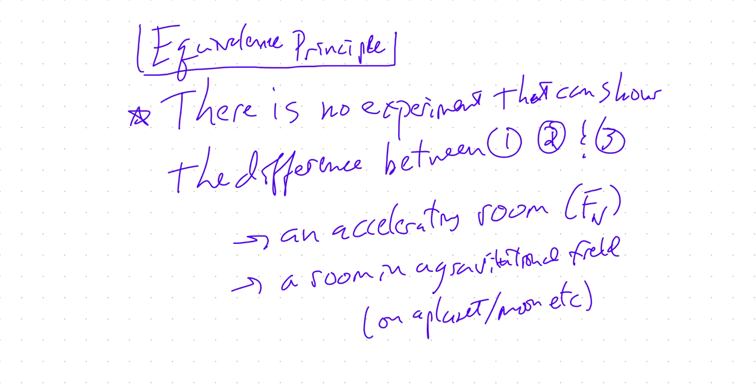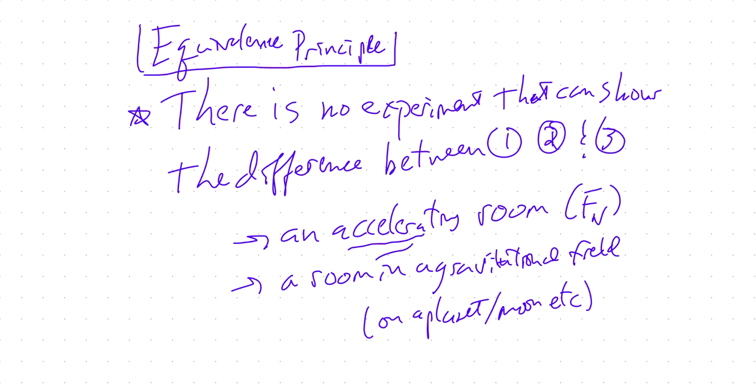There's no experiment that can show the difference between you being in a room on a planet, and a room, a rocket, whatever, accelerating at the same speed as the gravitational acceleration on that.